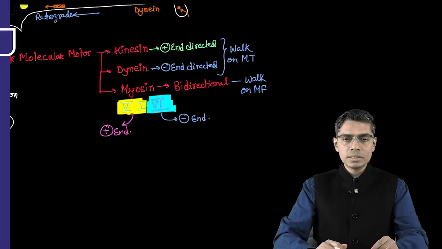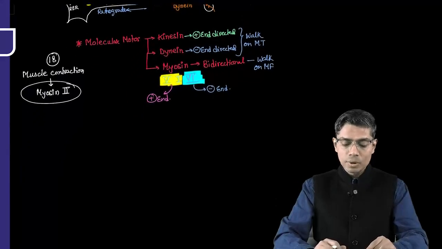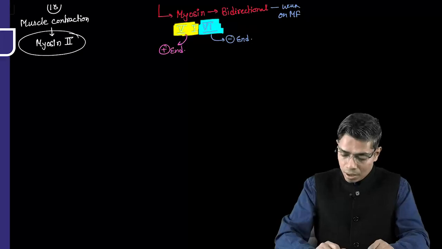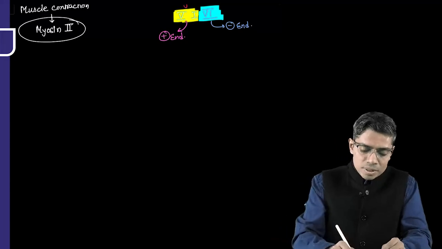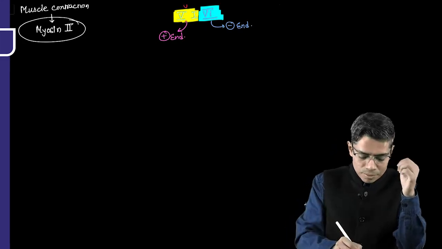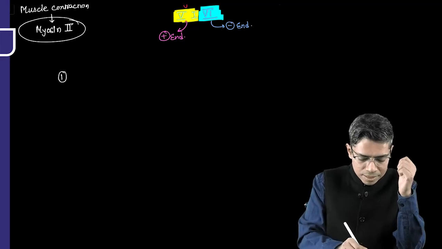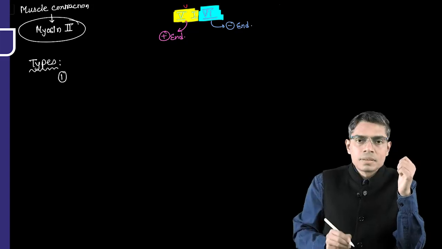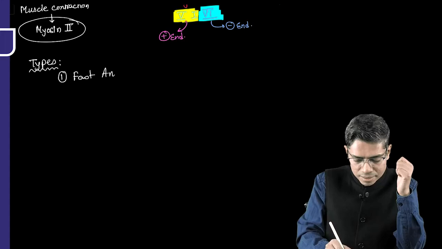So this is about axonal transport, how it is happening with the help of certain molecular motors. Depending on the velocity or speed of transport, axonal transport is divided into 3 subvarieties. Types of axonal transport: number 1, fast anterograde.